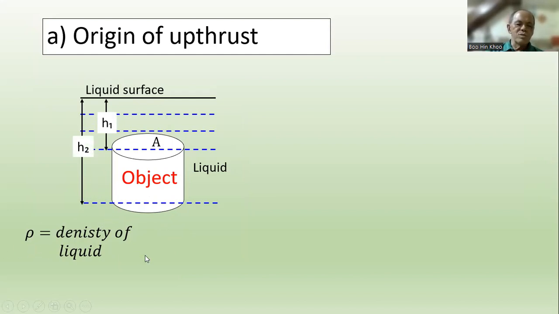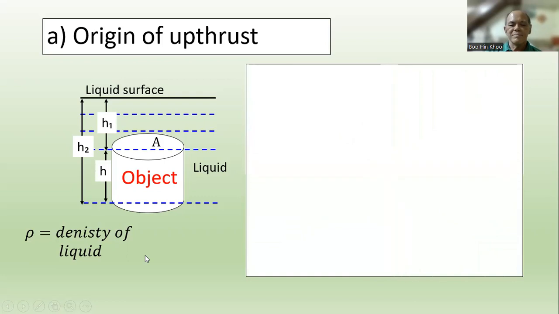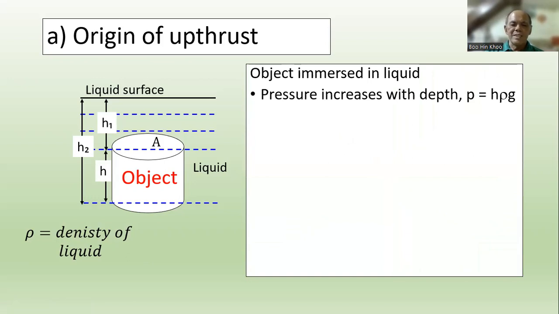Density of liquid is rho, and height of object is H. Object immersed in the liquid. Pressure increases with depth. That's the important thing to remember. H rho G: as H increases, the pressure increases.